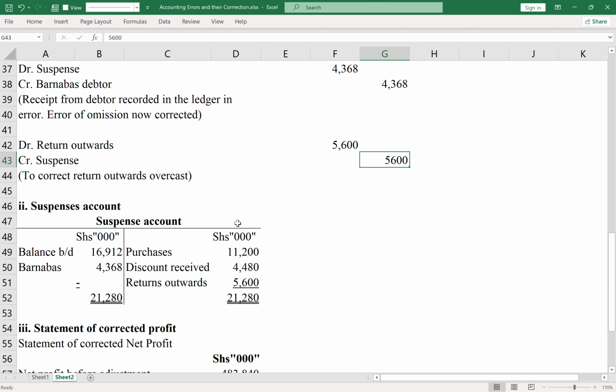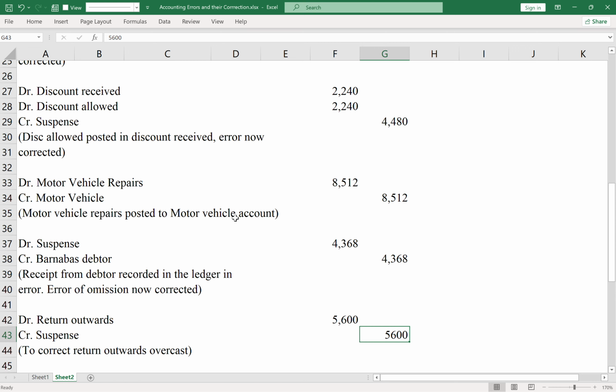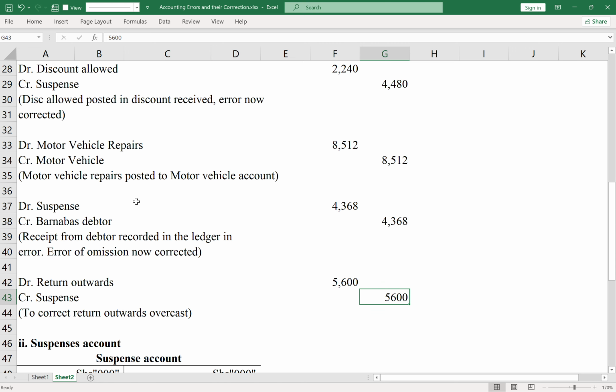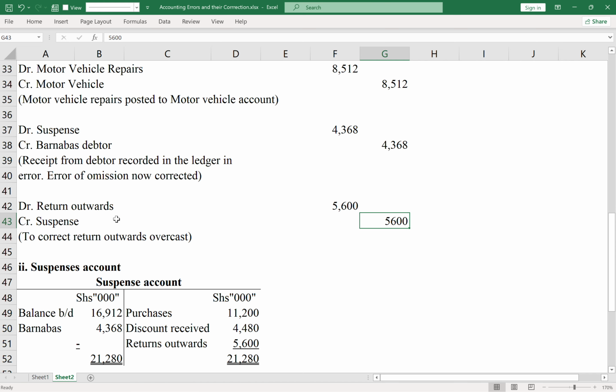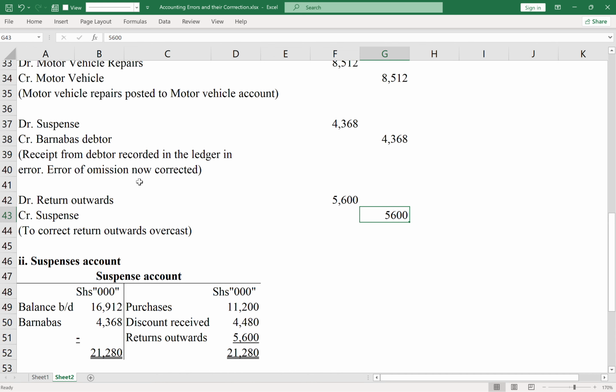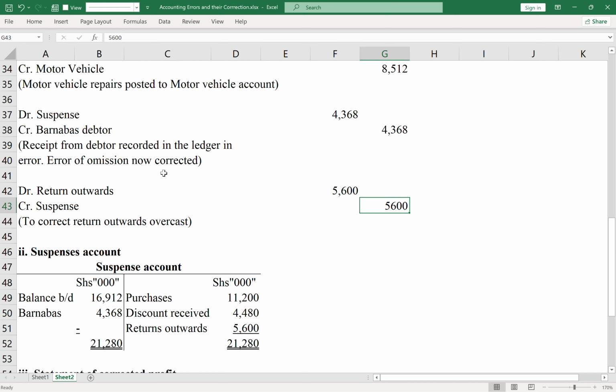So we credit that. Then we also have Barnabas. This one had an error of omission there, so we are not going to include it on the credit side. This shall be on the debit. Then we also have the return outwards, 5,600.